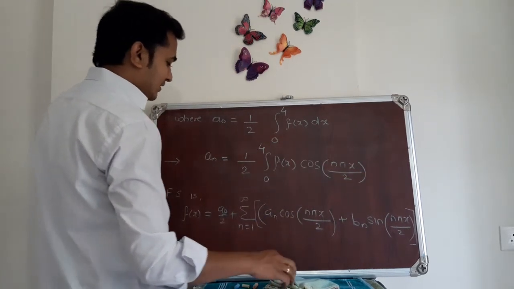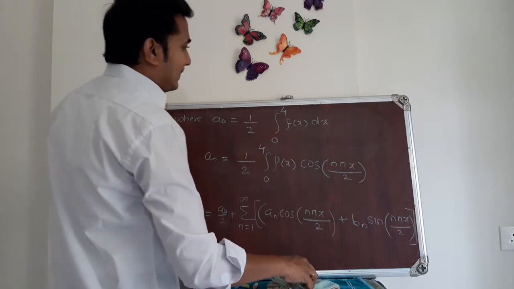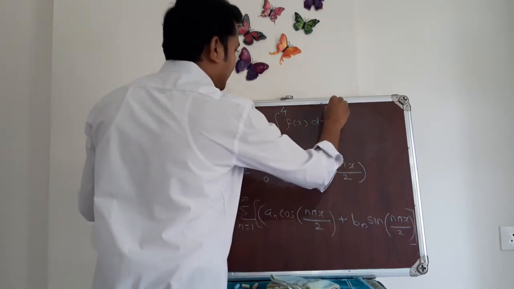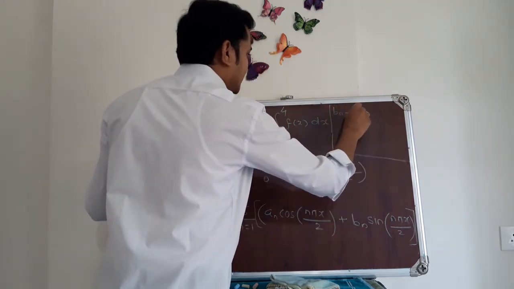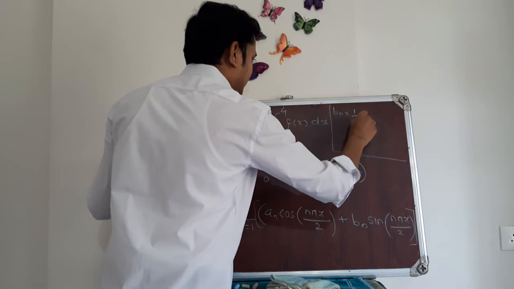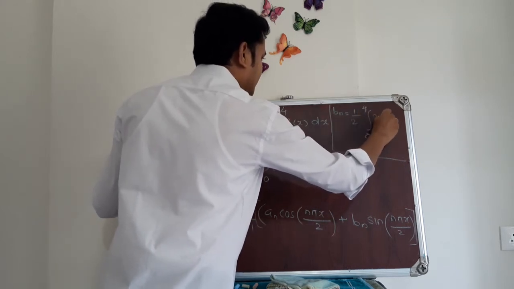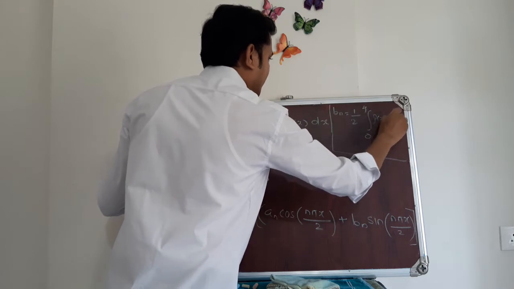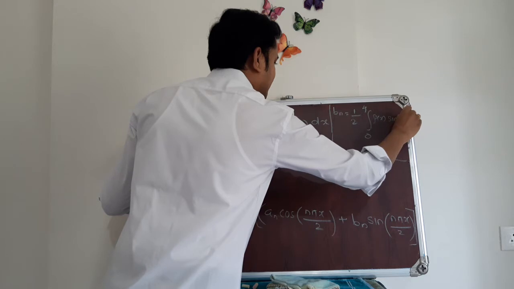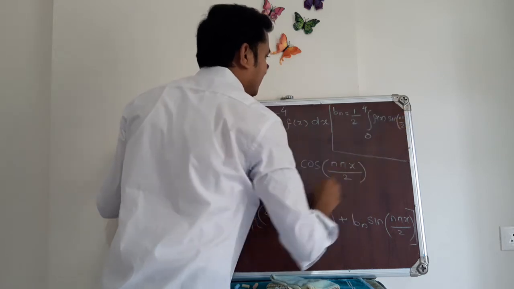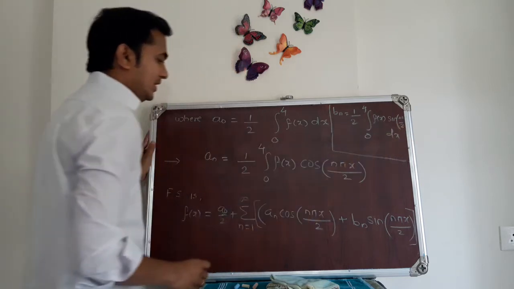And bn is 1 by L integral 0 to 4 f of x into sine n pi x upon 2 dx.